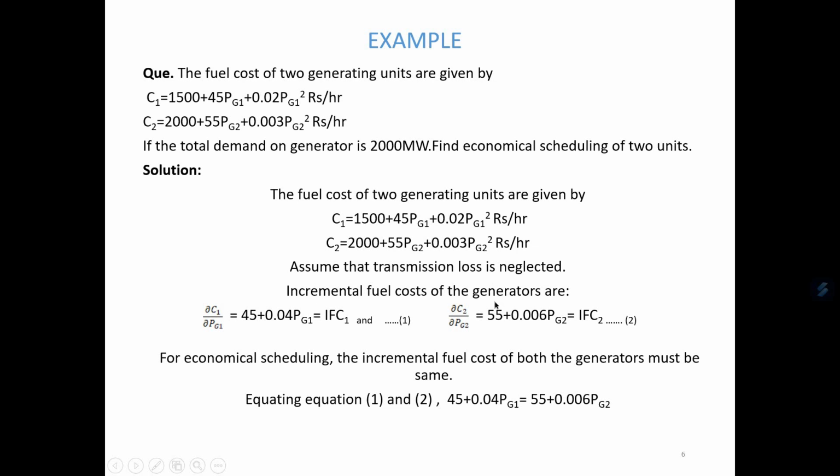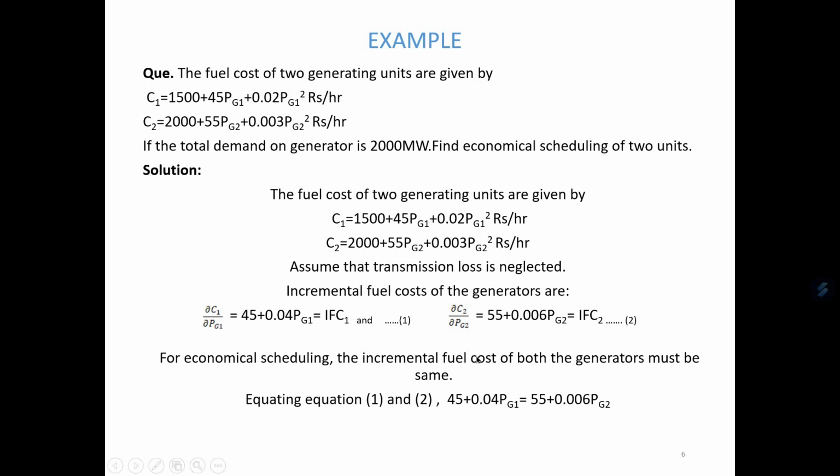Similarly, we calculate the incremental fuel cost for generator 2. It is the derivative of C2 with respect to Pg2, that is dC2/dPg2 = 55 + 0.006 Pg2, also denoted as IFC2. Now we have the two incremental fuel costs for the two generators.